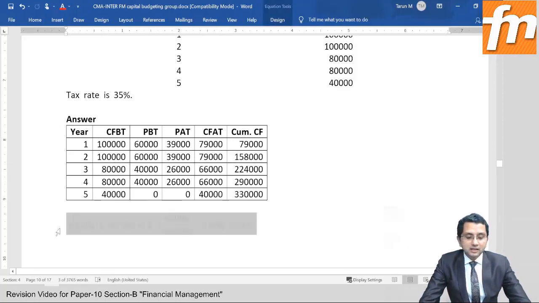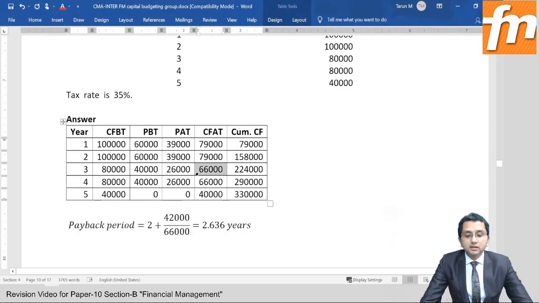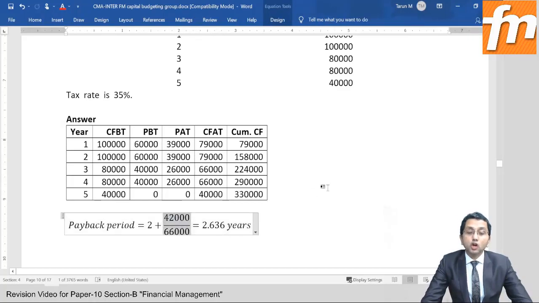If I present it in the shape of a formula, my payback period is more than 2 years. So 2 years plus I need to recover 42,000, while in the third year I'm recovering 66,000. So 42 by 66, it will take 0.63 years, not the whole third year, but just 0.63 years.